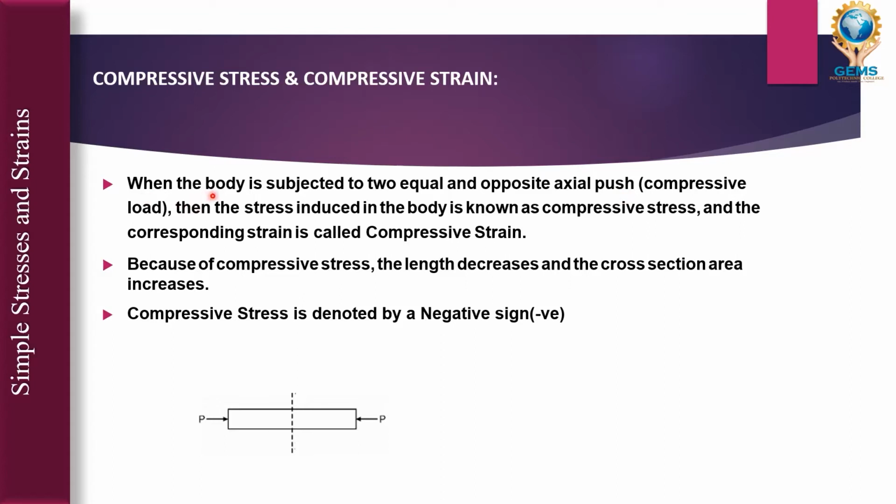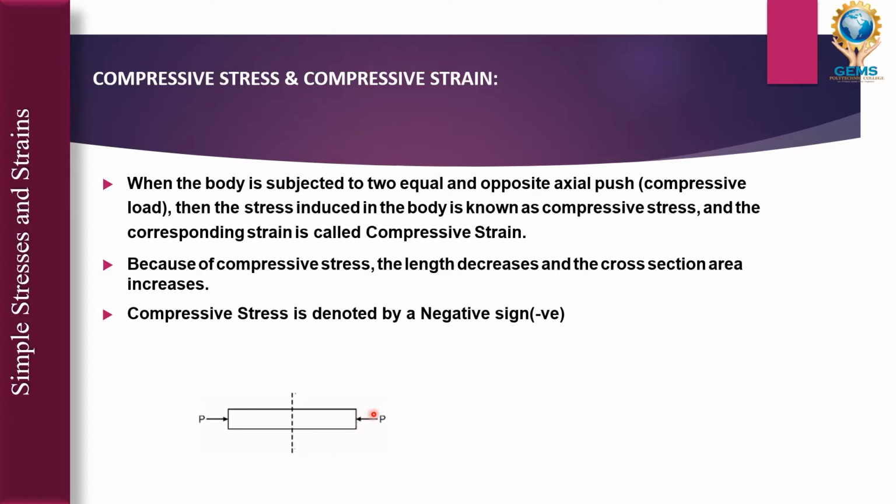Understand? So, when the body is subjected to two equal and opposite axial pushes, that means compressive load, then the stress induced in the body is known as compressive stress and the corresponding strain is called compressive strain.